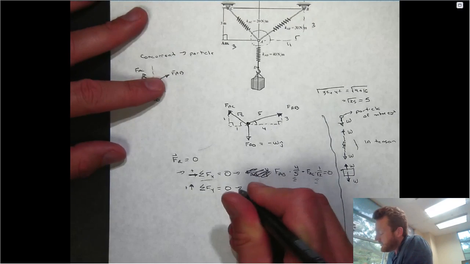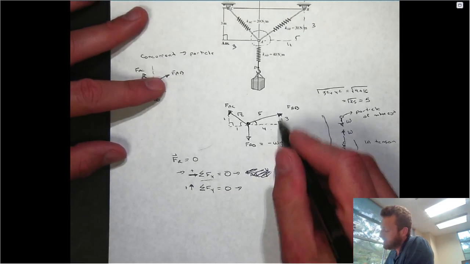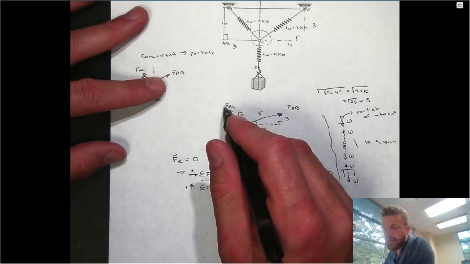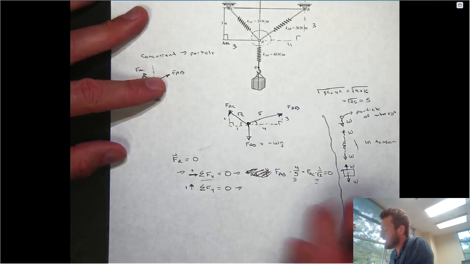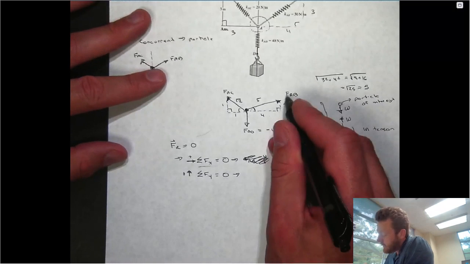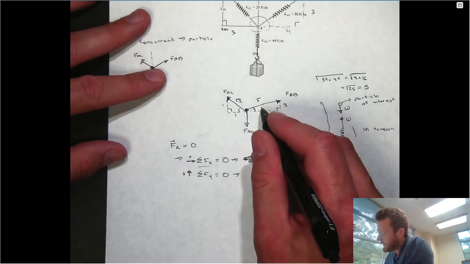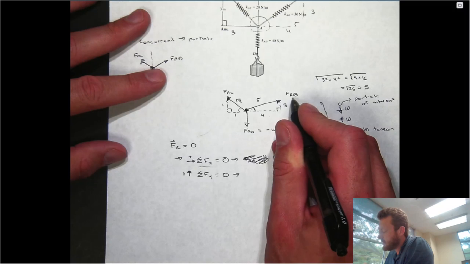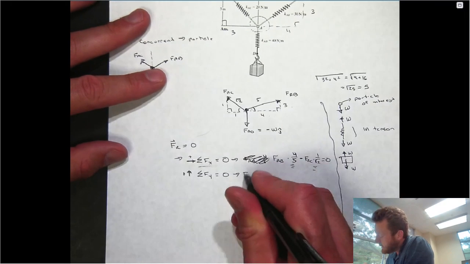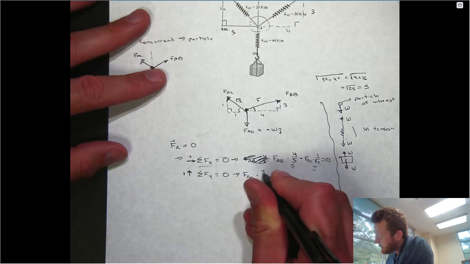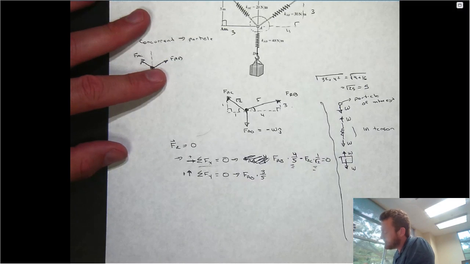What about in the y direction? Well, physically what I know is the pull up by FAB and FAC counterbalances, in equilibrium, the pull down of FAD, which is just the weight. So what that means is that the y component of FAB, which I can get by taking the magnitude of FAB, which I don't know, times the sine of this angle, which is just 3/5. So FAB times 3/5, that's positive because by convention it's pulling up.